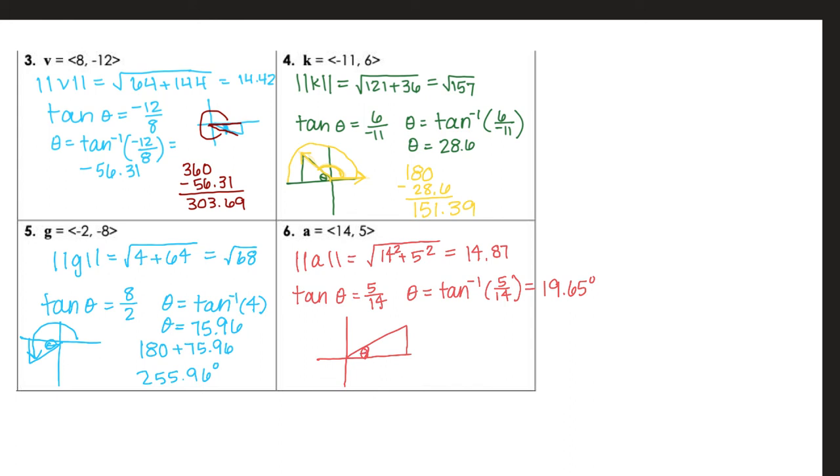So you're in the first quadrant. So the angle that you find is the angle that you need, because here's your standard position, and there's where you're ending. So there's your angle. So you don't need to add or subtract anything since you're in the first quadrant.